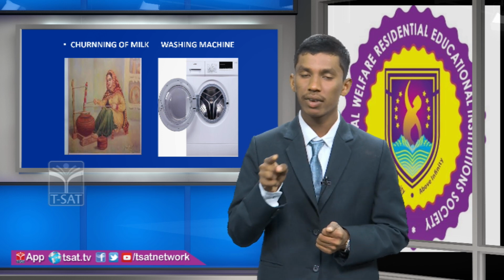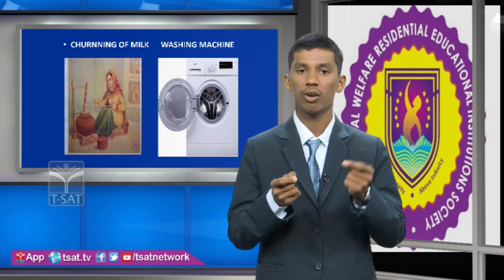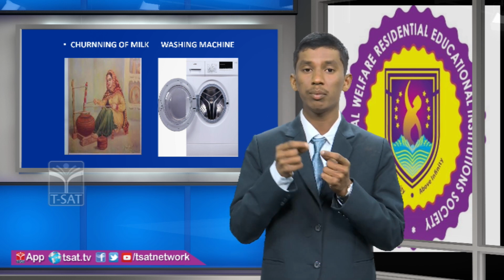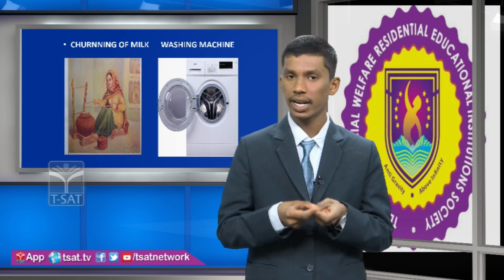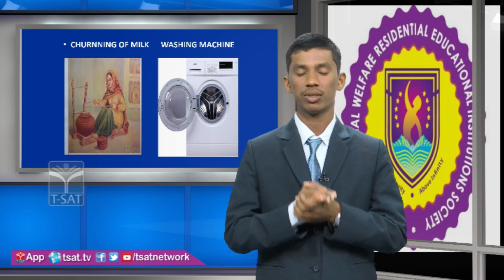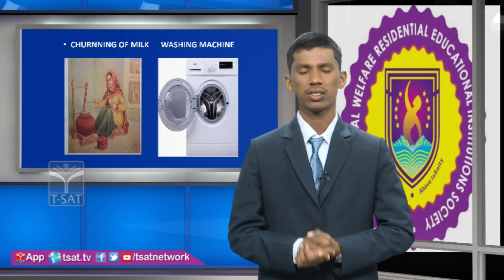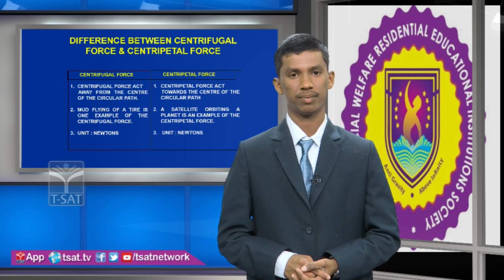So, when wet clothes are moving in a circular path, a certain net force is acting on them. This force removes the water molecules from the wet clothes and they are dried automatically. So, there is a centrifugal force in the washing machine also. So, we can observe a number of centrifugal forces in our daily life.